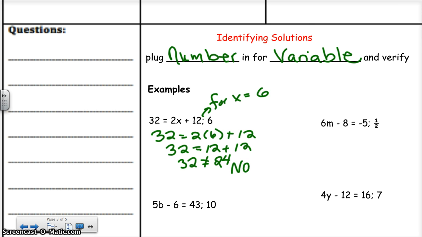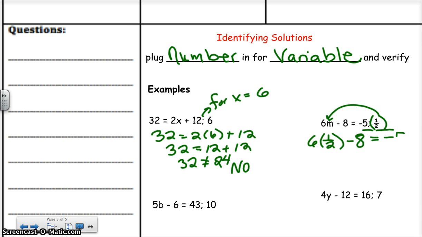Oh, fractions, how we love you. The next one is a fraction. Let me read it how we say it. 6m minus 8. Does that equal negative 5? m equaling 1/2. So I plug the half in for m. 6 times a half minus 8.